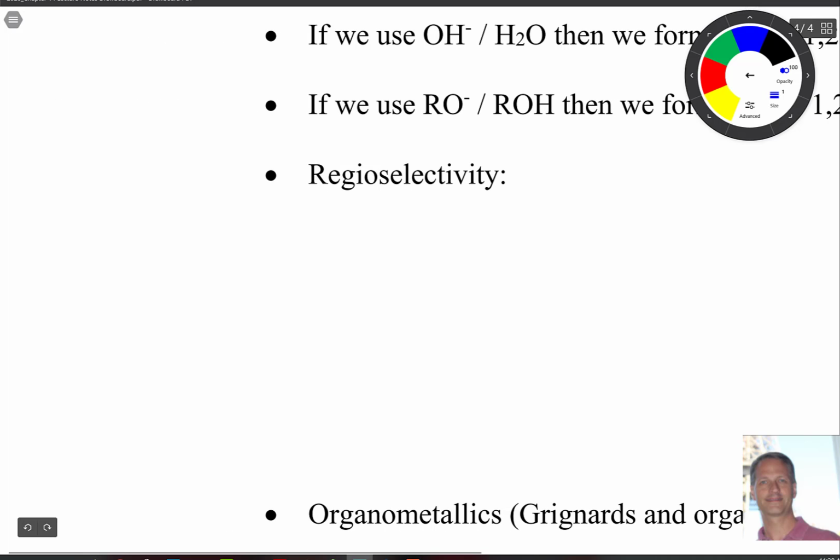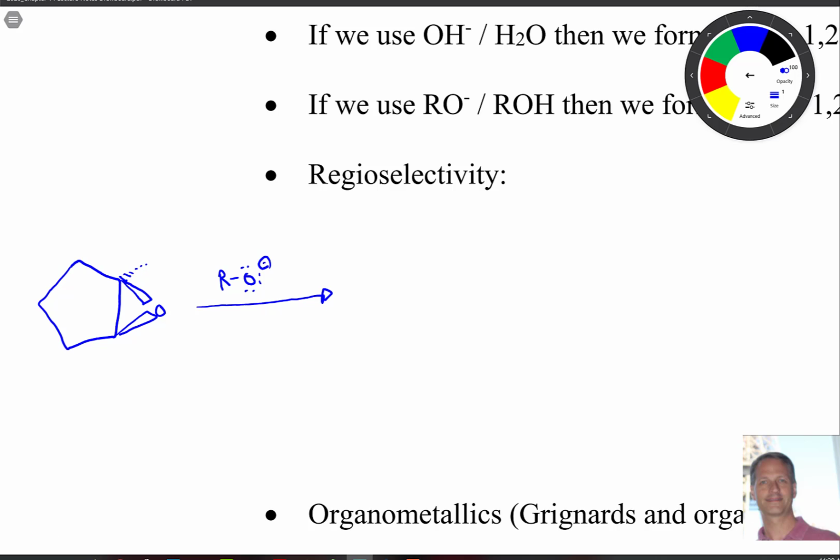Now, one thing that's important here, and this is something that pops up, so make sure you guys know this, is that regioselectivity under basic conditions is different than the regioselectivity under acidic conditions. So let's take one of those epoxides from before, with this guy, and let's take a look at what happens here when we add RO minus.